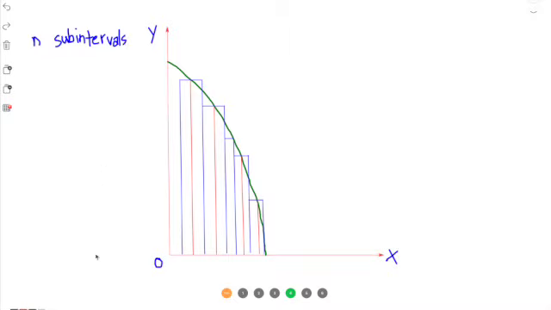Okay, so let's write our bounds here. So let's start with x sub 0, the next one would be x sub 1, next one is x sub 2, and eventually the endpoint would be x sub n. Okay, so the distance between x sub 1 and x sub 0, let's write that as x sub 1 minus x sub 0, would be equal to the width, which we will call delta 1 x.